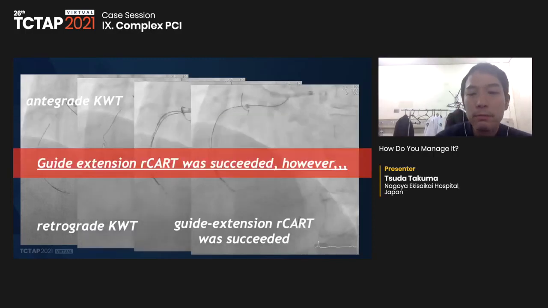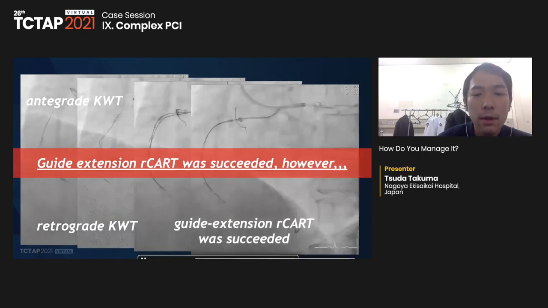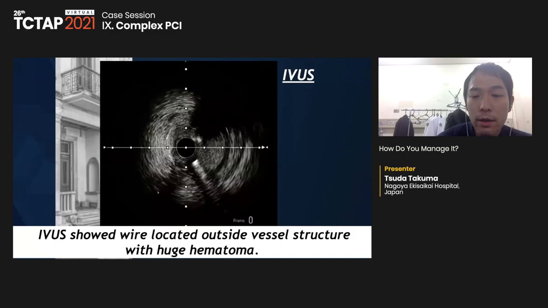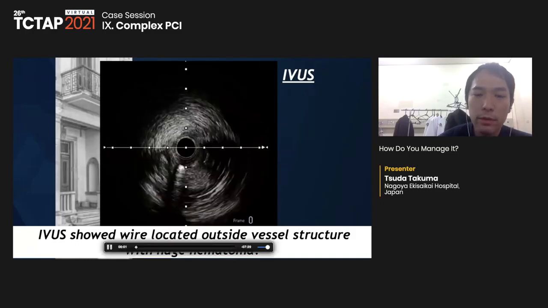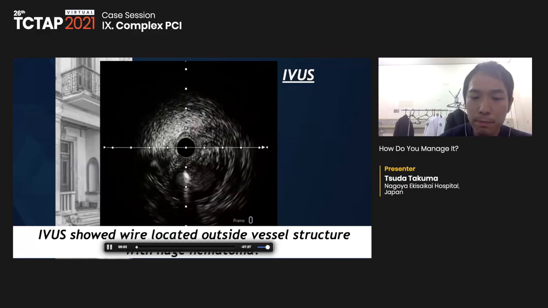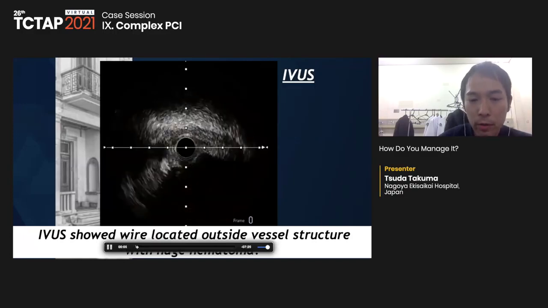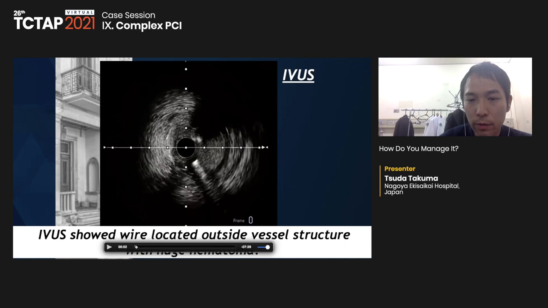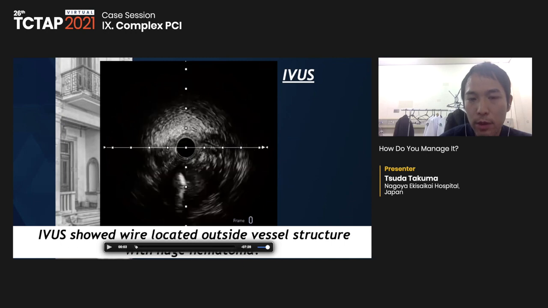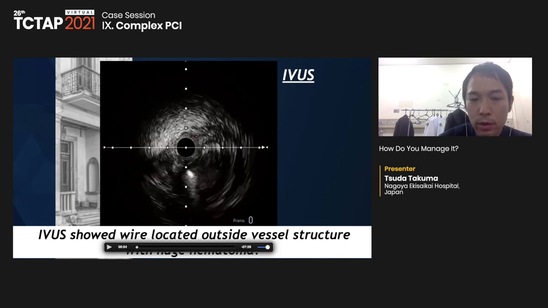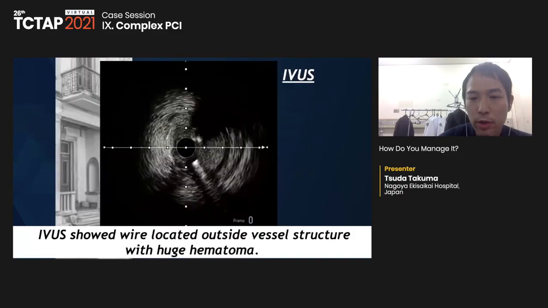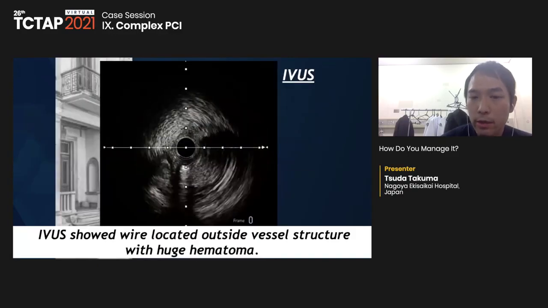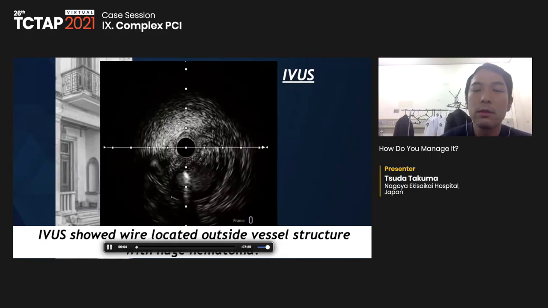However, the IVUS shows some problem, a big problem. This is the distal PD branch, and I show you the more proximal side of the CTO.